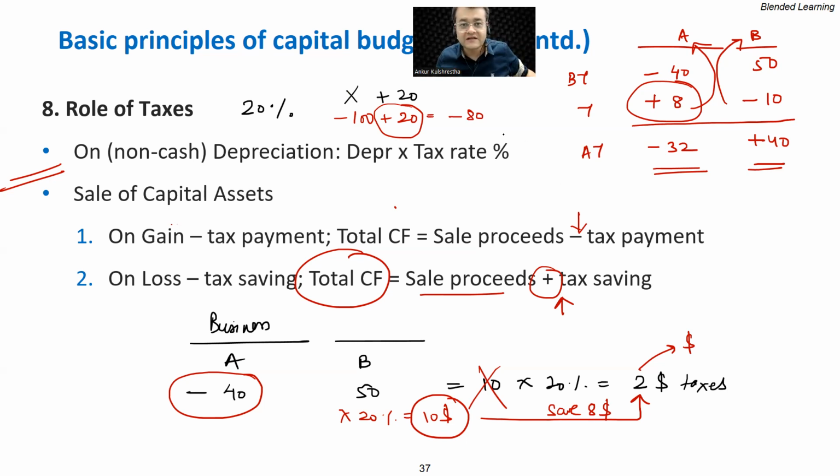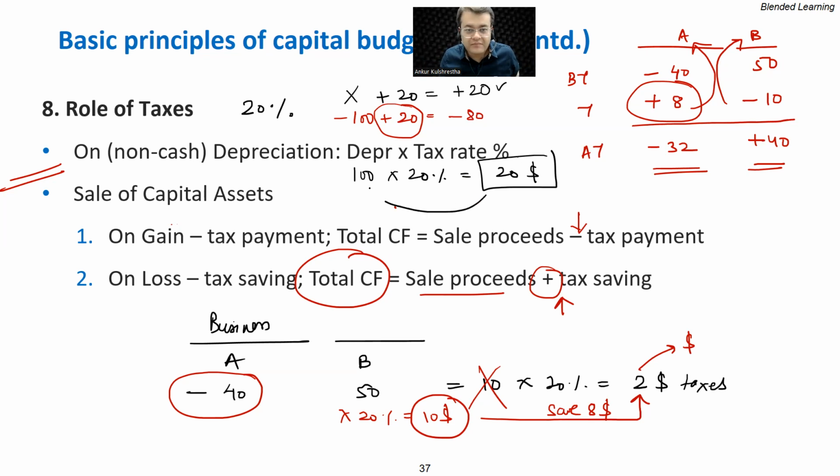You save on taxes. So the only role that depreciation will have on the project is a positive 20. What do you mean by this positive 20? The amount of depreciation times the tax rate. This is going to be the saving in the life of the business in terms of the cash flow because of an element called depreciation.